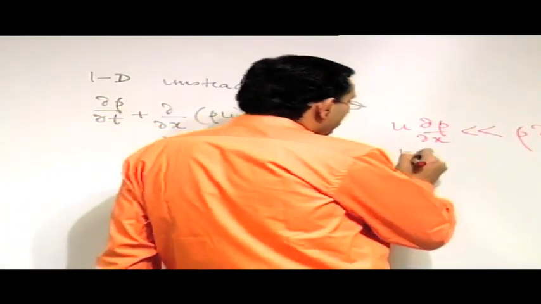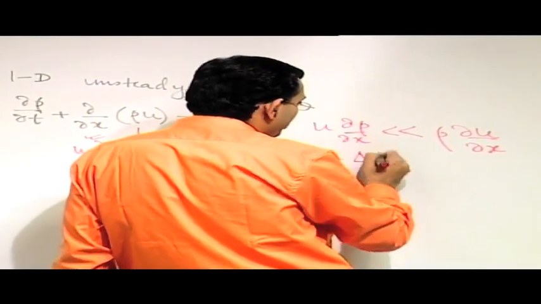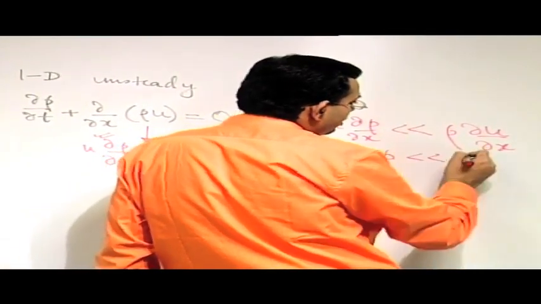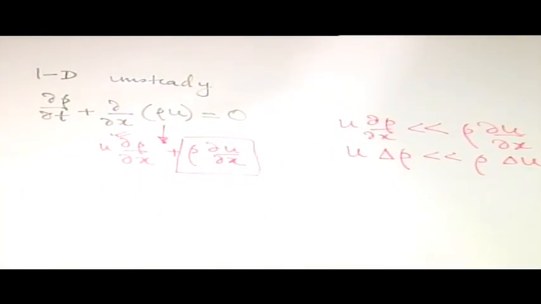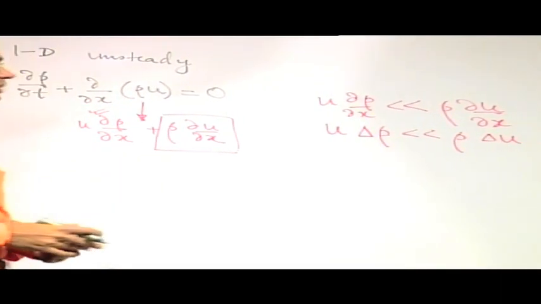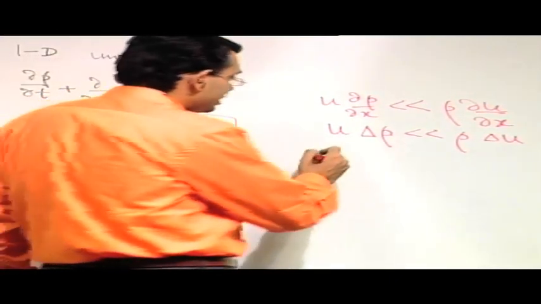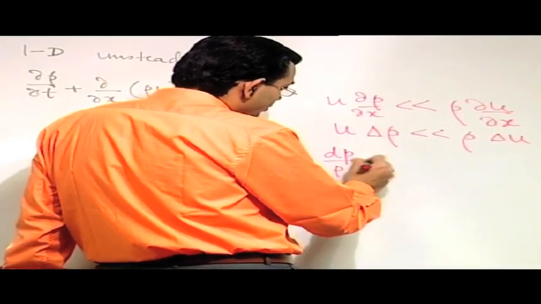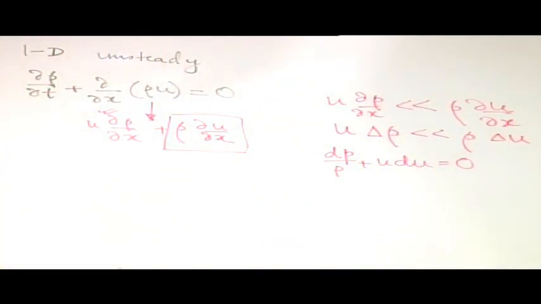So that means if you just write in terms of order of magnitude, u into delta rho is much less than rho into delta u. Also, just to get a feel of the relationship between delta u, rho and delta p, we may refer to the Euler's equation, that is dp by rho plus u du equal to 0, assuming negligible changes in potential energy.